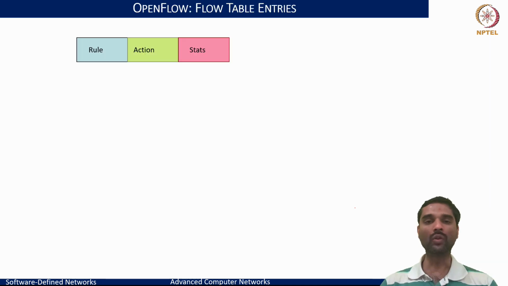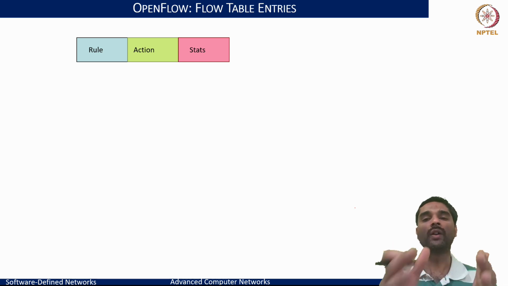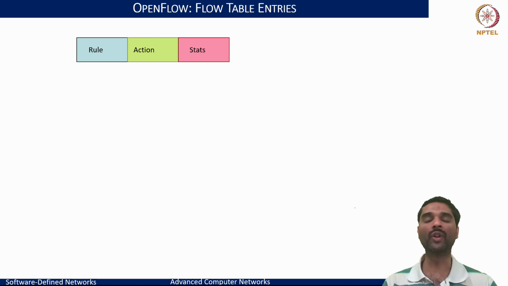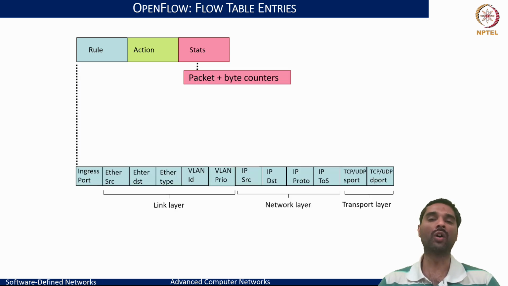So let's look into how flow table entries are defined and what the aspects of a flow table entry in OpenFlow are. The first and most important part is the rule, which dictates what you want to match on. When a packet comes in, you want to know on which particular port of the device it arrived, and that's called the ingress port.